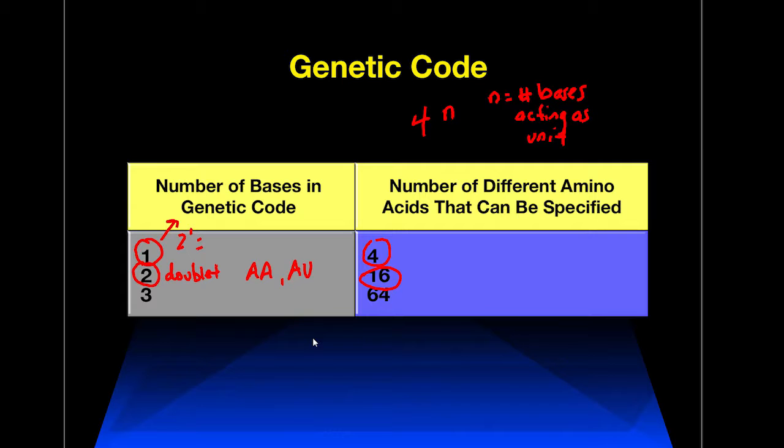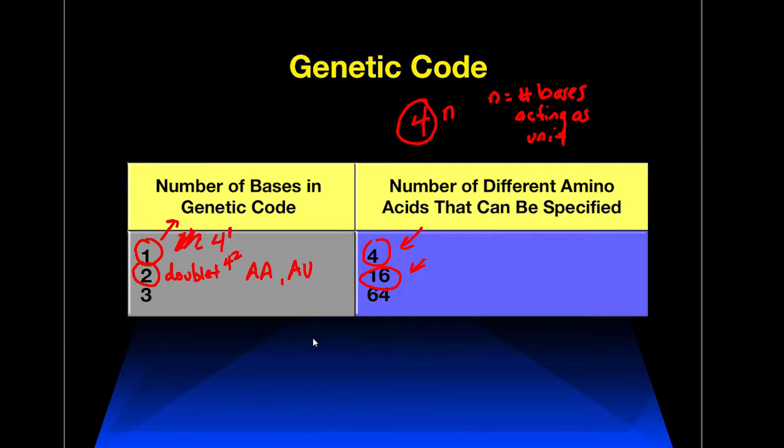So if n equals the number of bases, 4 to the n where n is 1, I really apologize for that confusion. But 4 to the 1 is 4, right? So that's where we get this from. 4 to the second power, which is 4 times 4, is 16. I don't know why I screwed that up, but the bottom line is the 4 comes from the fact that there are 4 different bases, okay? When you raise it to the n power, that tells you how many combinations you're going to get if they act as a unit. Sorry about that.